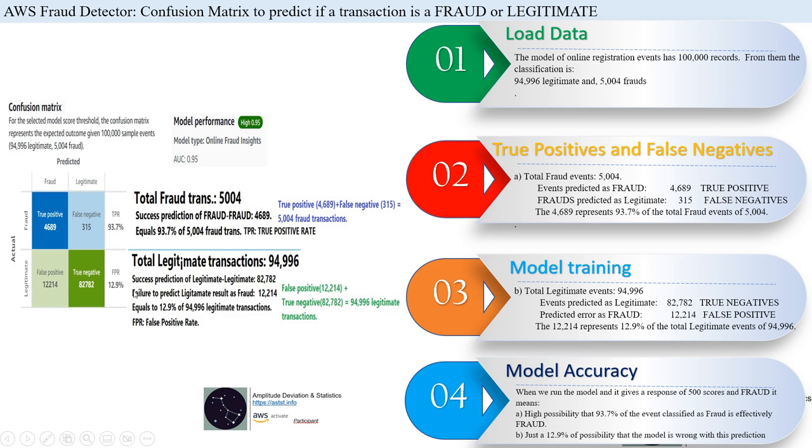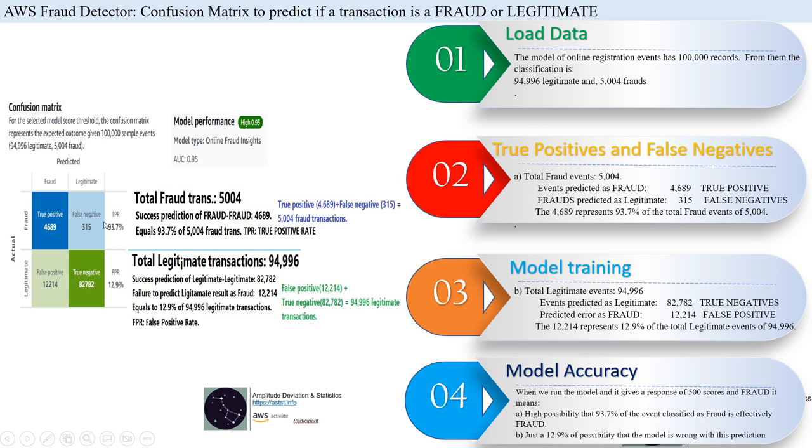So for every 100 transactions we are going to have a success of 93% catching the fraud events, and we are going to fail on 12.9% of our data.